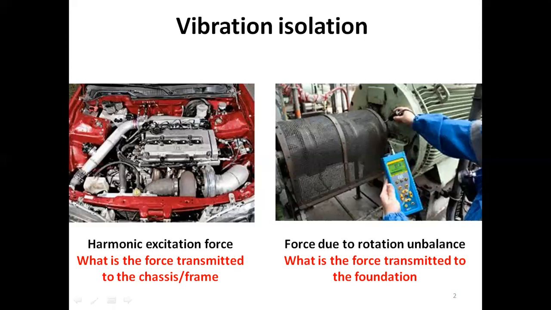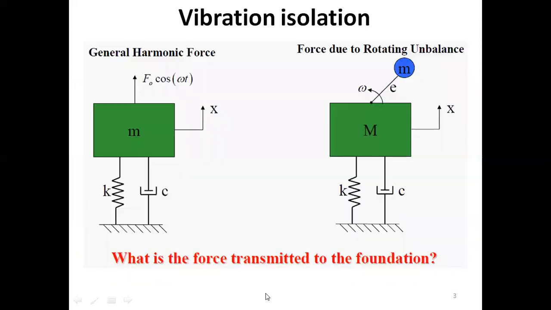We model the engine and also the rotating machine. Here is the lumped parameter model, a mass, spring, and damper system, for the automobile engine. And here is the force of excitation, which is a general harmonic force.